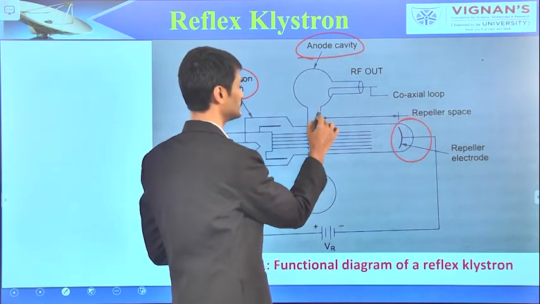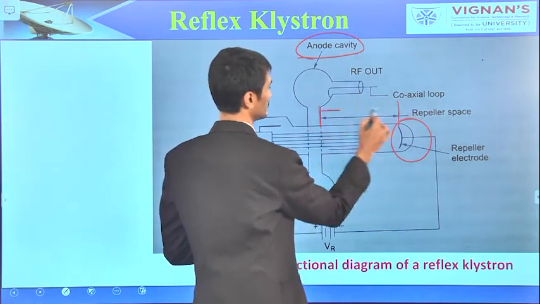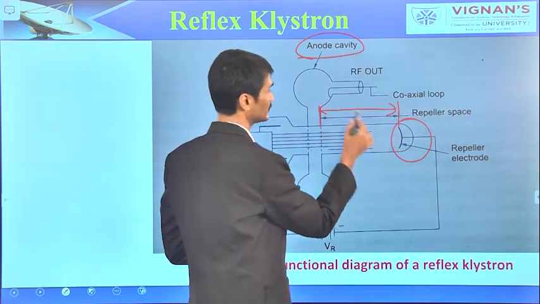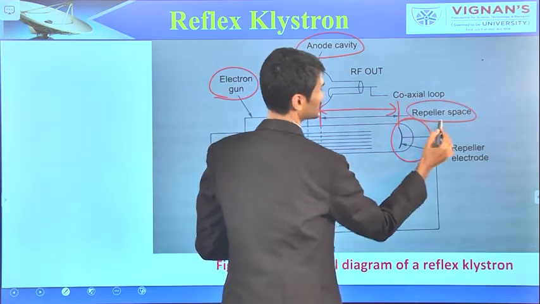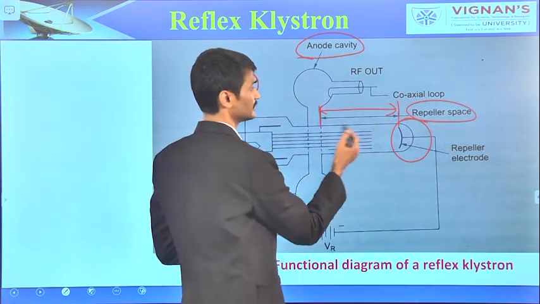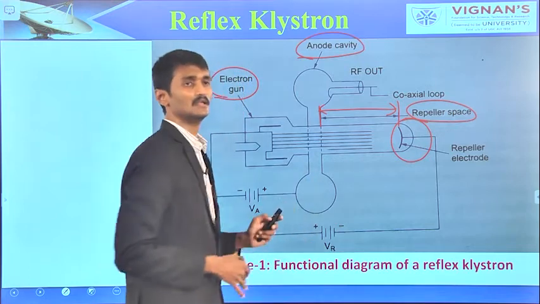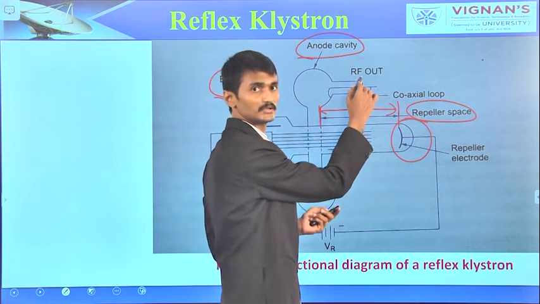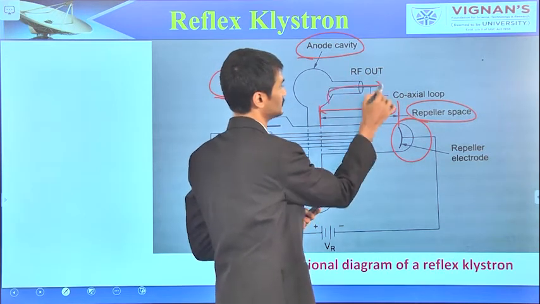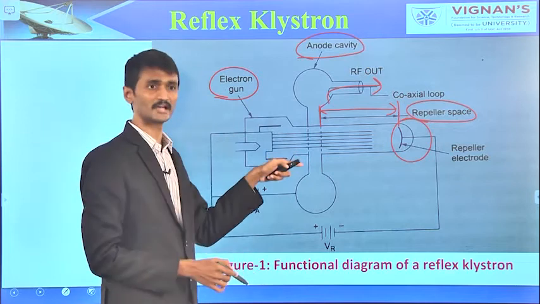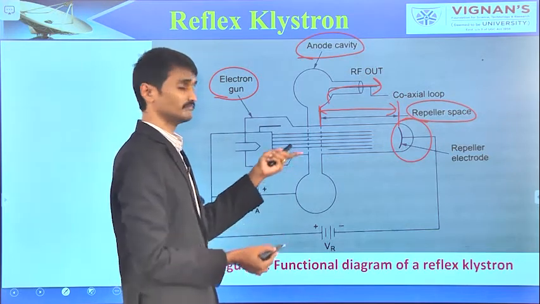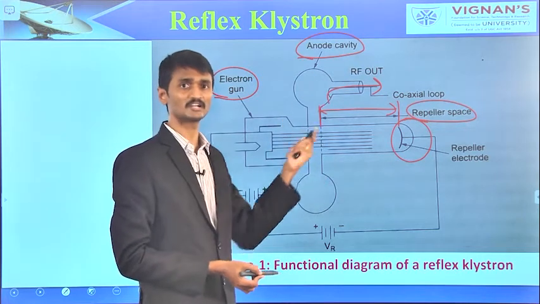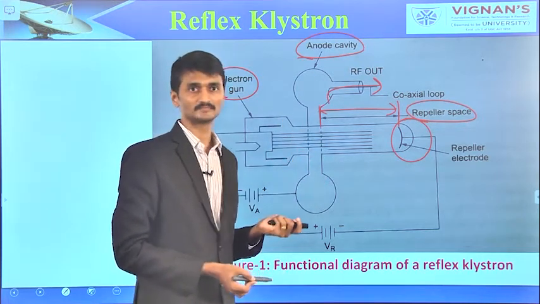The space between the anode cavity and the repeller electrode is called the repeller space, like the drift space in the two cavity klystron, and then the output coupling. Here we have only one cavity, so without applying any input, you will get the RF output, which is why it is called an oscillator.